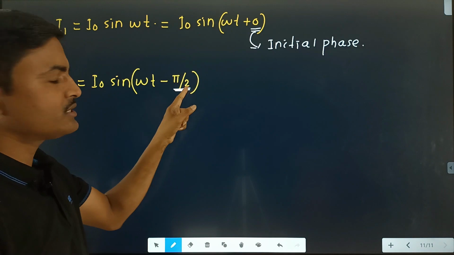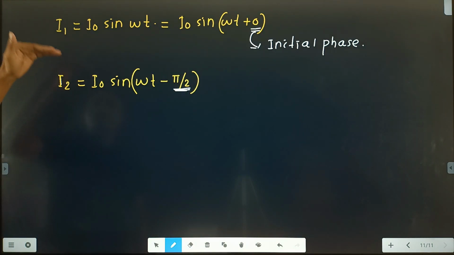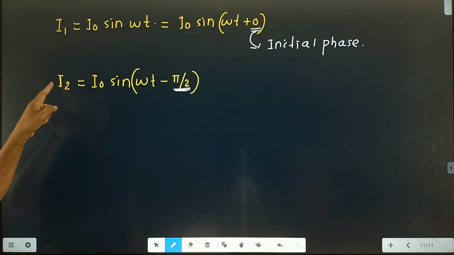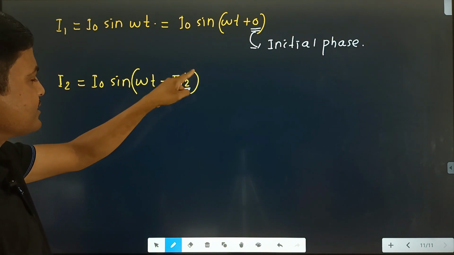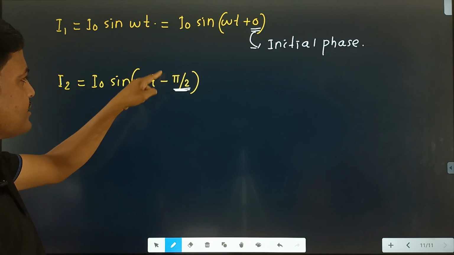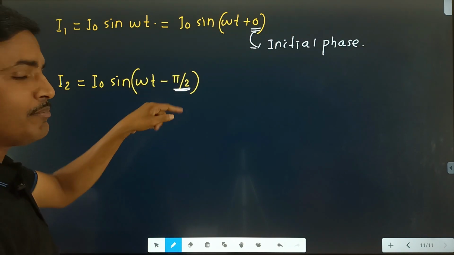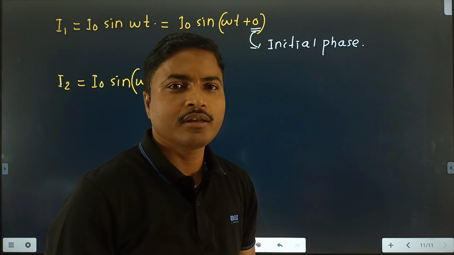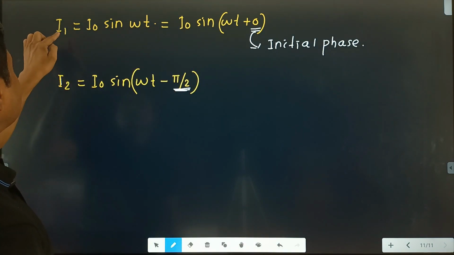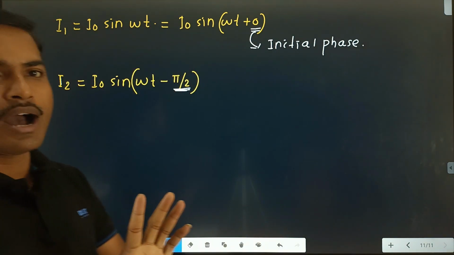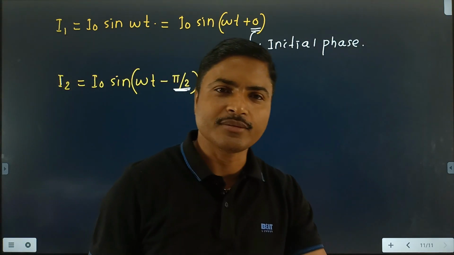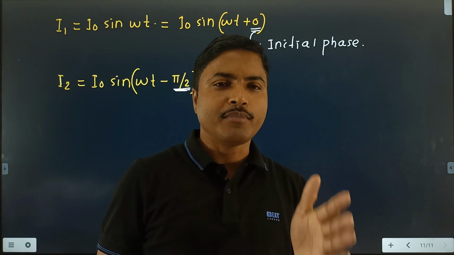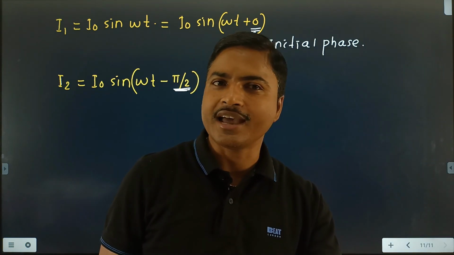Minus pi by 2 means if we compare I2 and I1, then current I2 lags behind a phase angle of pi by 2 radian as compared to the current I1, because minus means lags behind. Clear? Minus means lags behind.